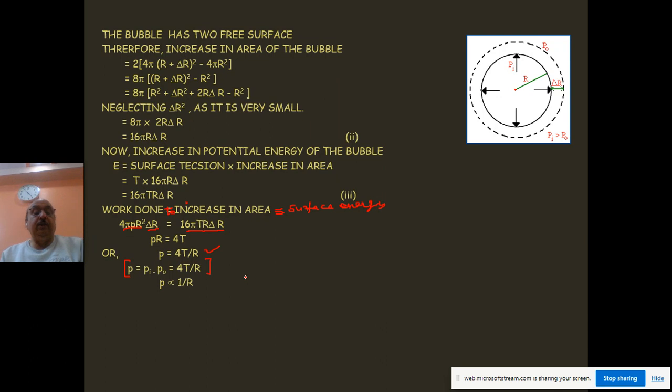As the excess pressure is inversely proportional to radius, the bigger the soap bubble, the lesser the excess pressure; the smaller the soap bubble, the more the excess pressure.